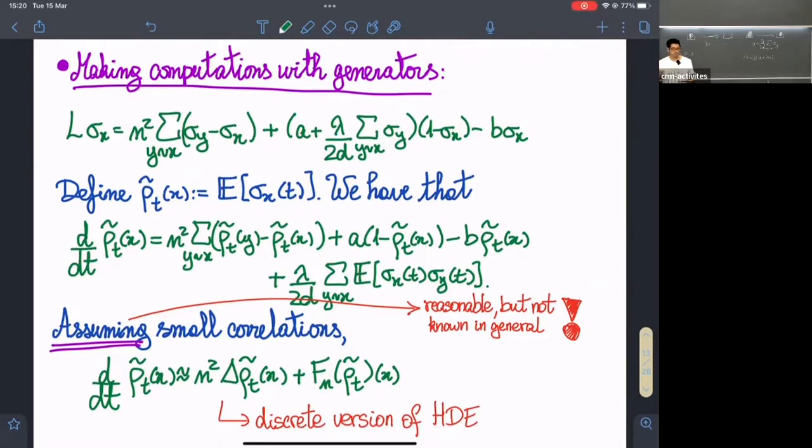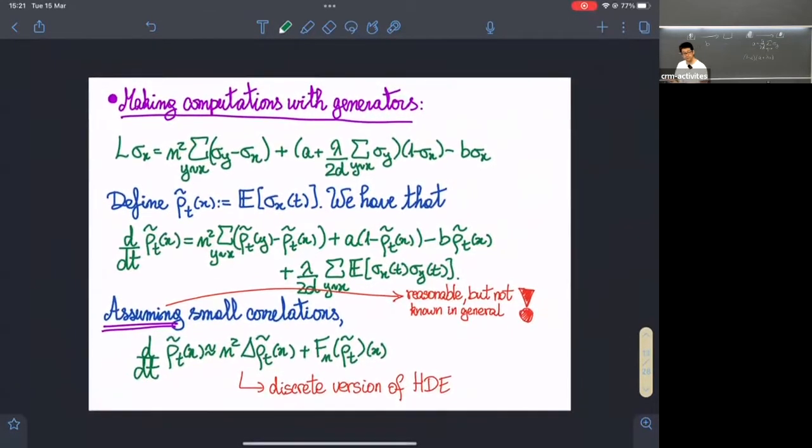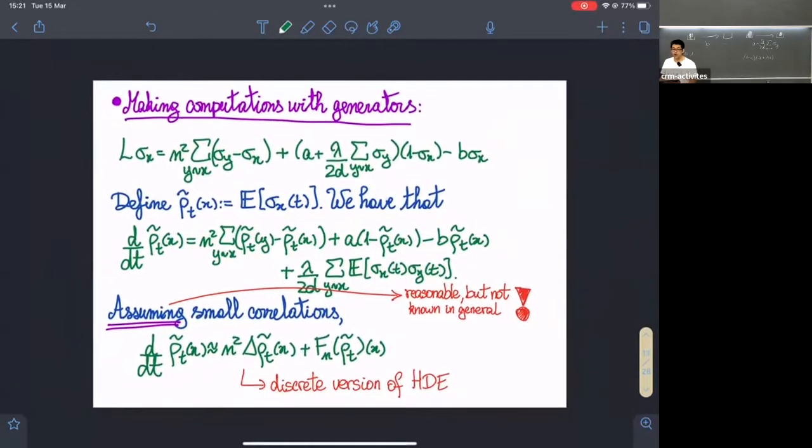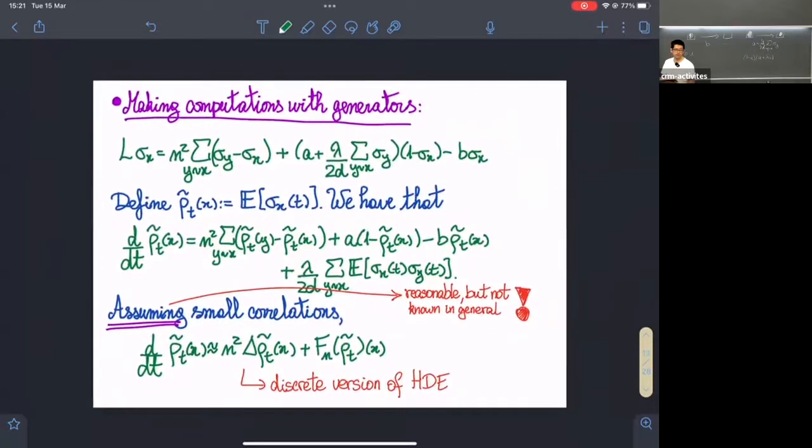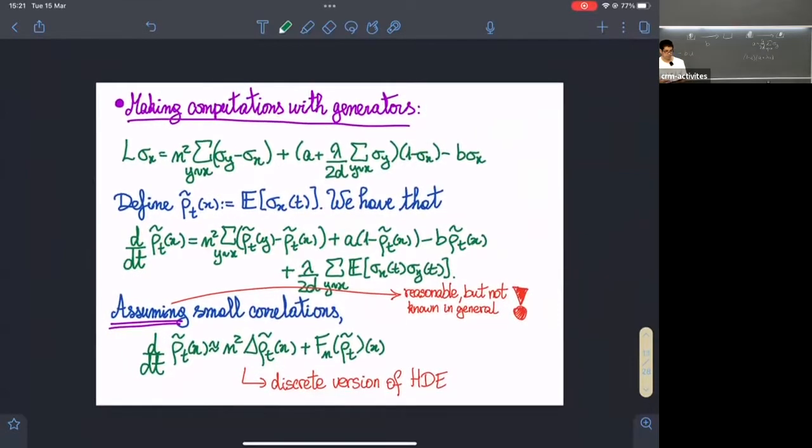Okay, so now you see the density of particles should follow this discrete version of the hydrodynamic equation. So we're going to make a guess, and the guess is that the density of particles does follow this discrete version of the hydrodynamic equation.